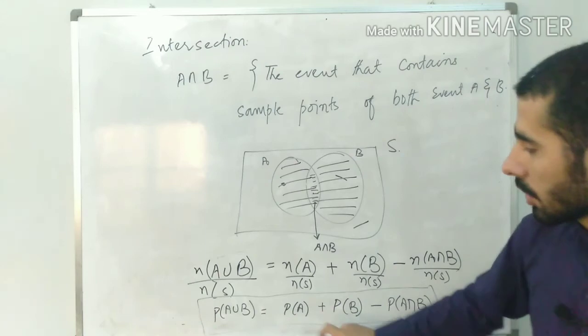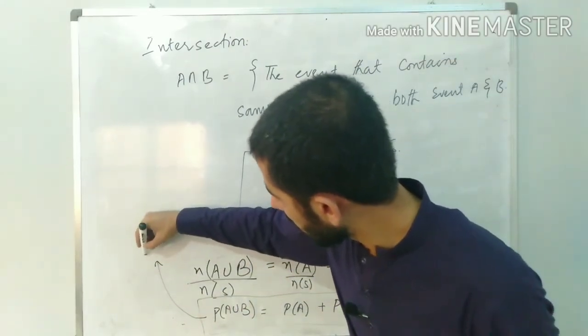And this relationship is called the addition law of probability.